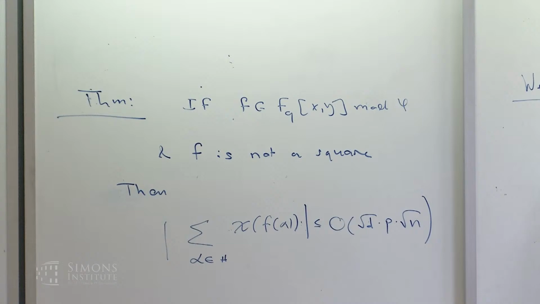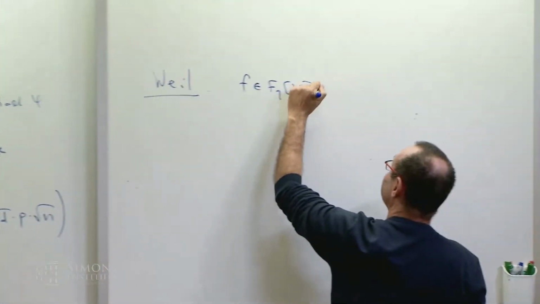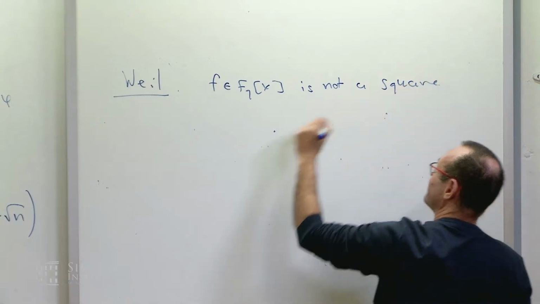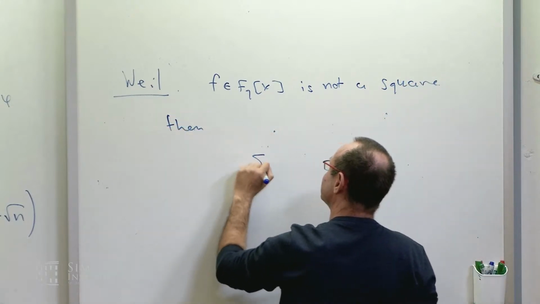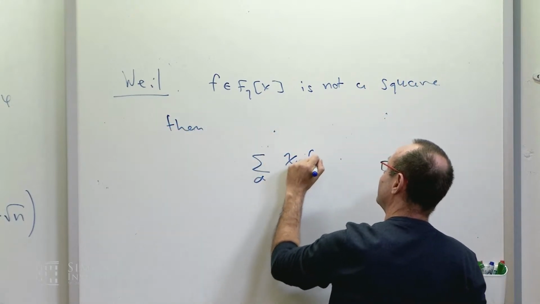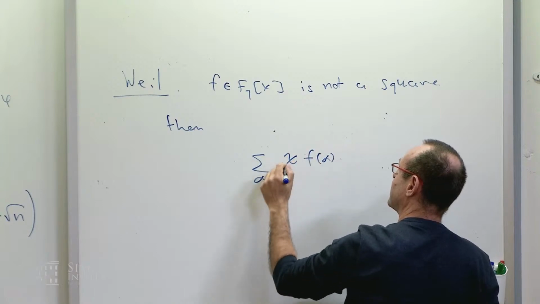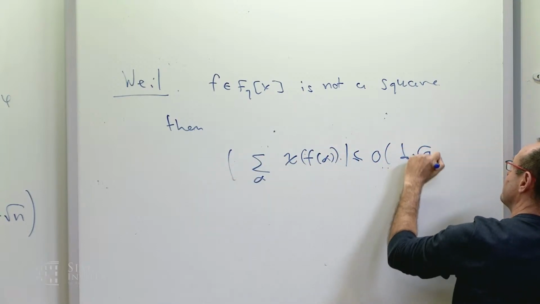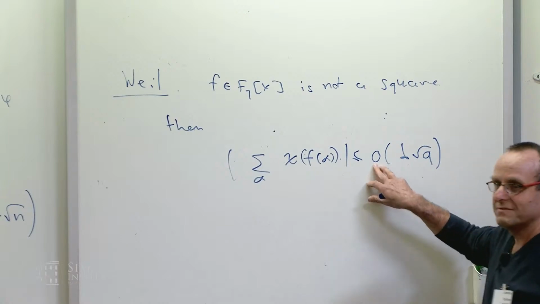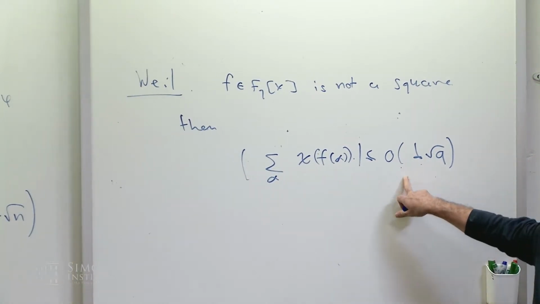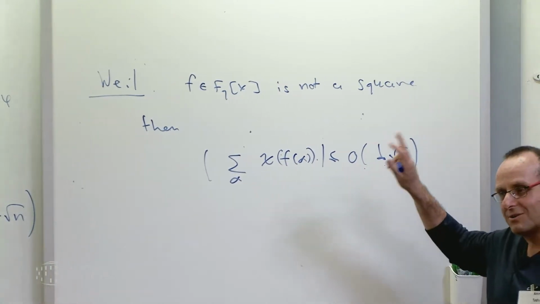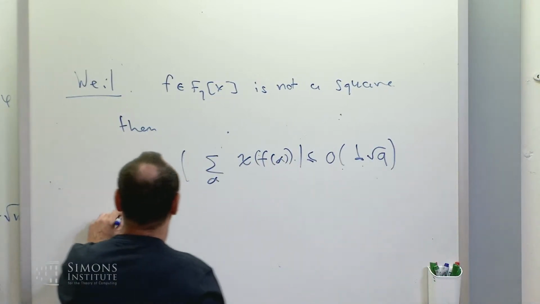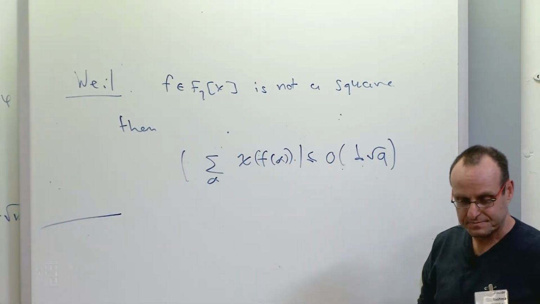If f in F_q[x] is not a square, then the sum over alpha is of order d root q. Stepanov proved it with some constant factor here. The correct claim is with one. Okay, so that's the claim.